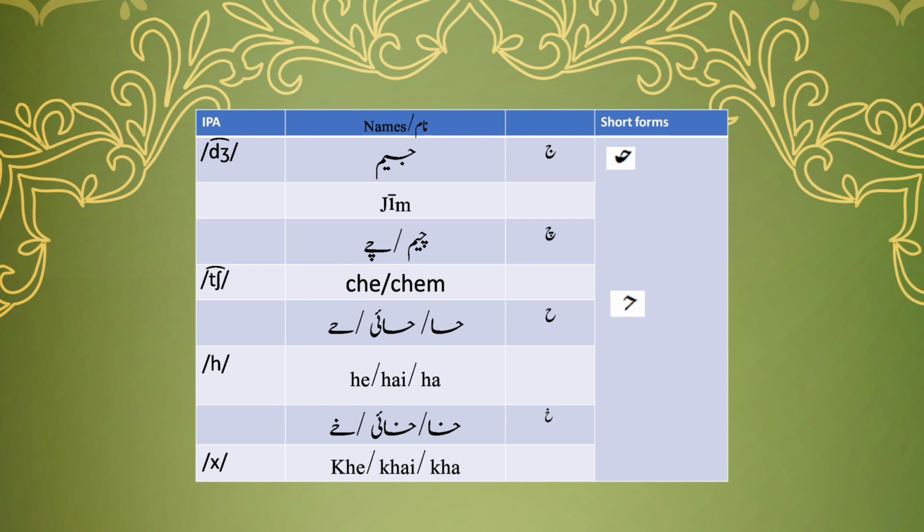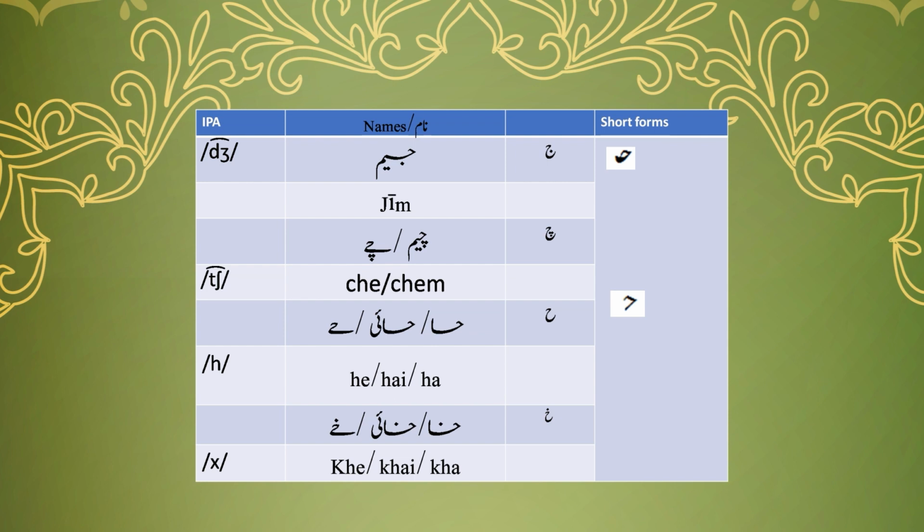Jim, we call it Jim, it has one name. Most of the people in other places also call it Jim, we call it Jim. But the second alphabet is Che. Some people call it Jim as well, but in Urdu we call it Che.